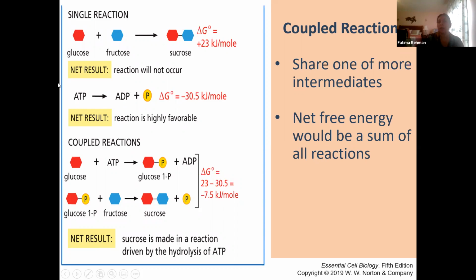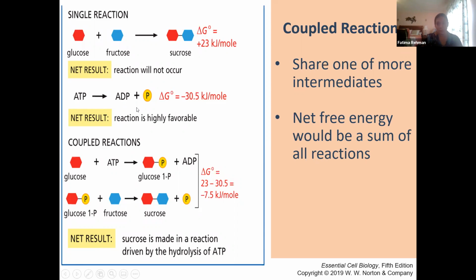But when you couple it with this ATP-driven hydrolysis, essentially, what happens? Does this happen now? Yes. Right. So it takes the energy released through hydrolysis of ATP, and that energy is then used to drive that second unfavorable reaction.